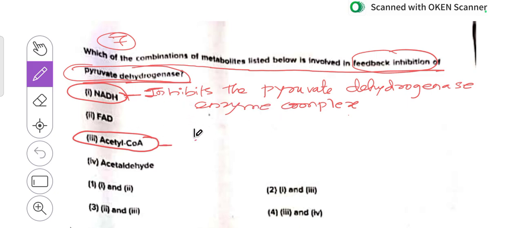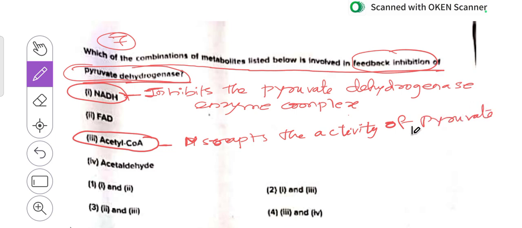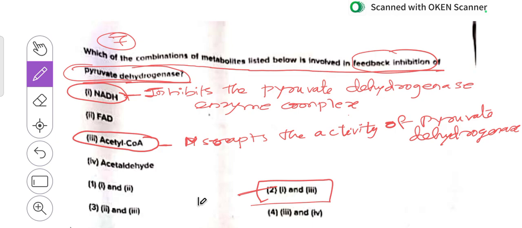Then this acetyl CoA, it also takes part, or it will directly disrupt the activity of the pyruvate dehydrogenase. So the correct answer for this question will be 1 and 3. So that is option 2, the right answer for this question.